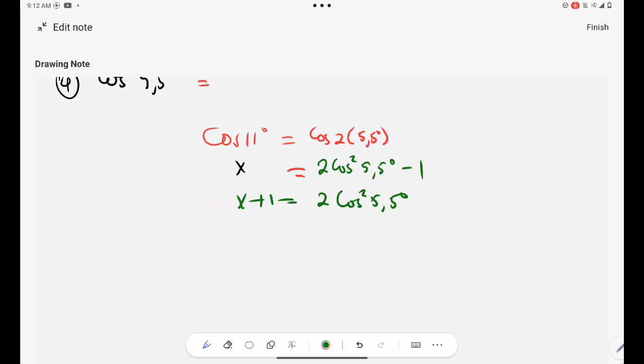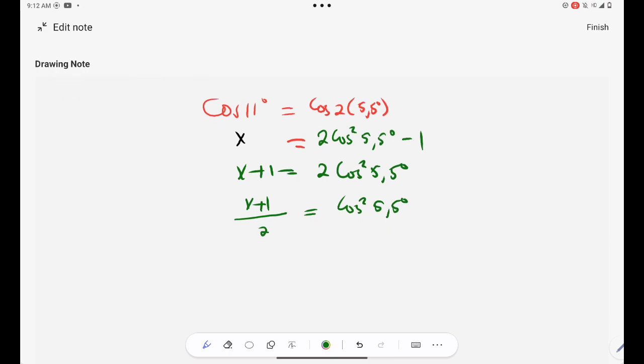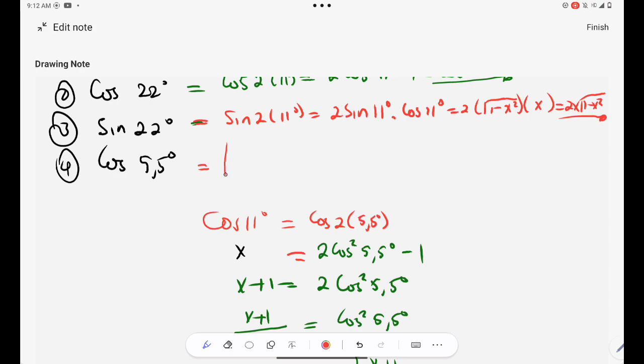And then whenever I divide both sides by 2, I'll have x plus 1 all over 2 is equal to cos squared of 5.5 degrees. Then I'll take the square root both sides. That means cos of 5.5 degrees is just the square root of x plus 1 all over 2. So this thing simply means the answer here is the square root of x plus 1 all over 2.